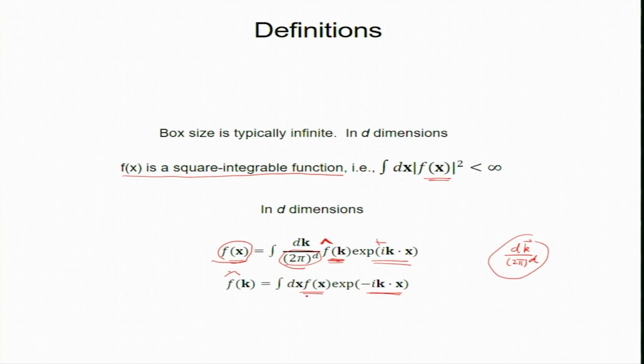You might have seen in your quantum courses that some people write dx by root 2 pi in 1d and dk by root 2 pi, so 2 pi is distributed among the two. In higher dimensions it is d by 2 in both, but in field theory it is typically dk by (2 pi)^d, and that is it. This is the definition and you need to know it all the time.